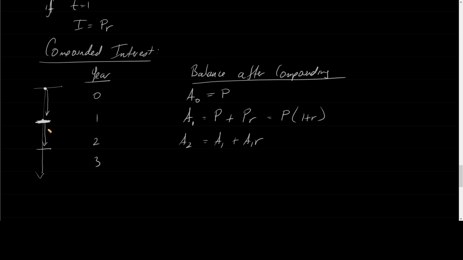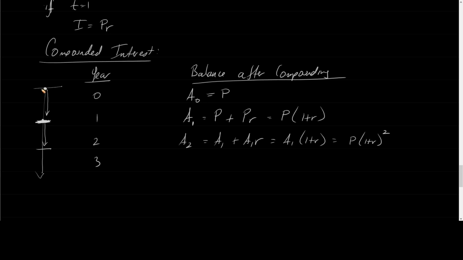And then we earned interest throughout the year on that amount. That's what this is doing. Now I see that there's an A sub 1 in both of them, so I can factor out A sub 1. I'm left with 1 plus R. But A sub 1 was P times 1 plus R. So we have P times 1 plus R times 1 plus R. So P times 1 plus R squared.